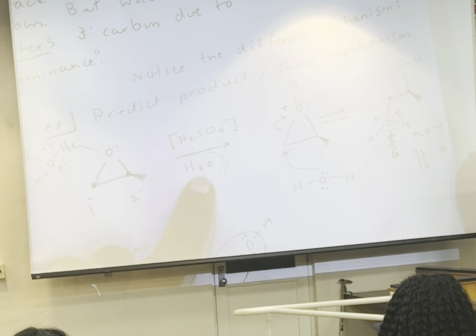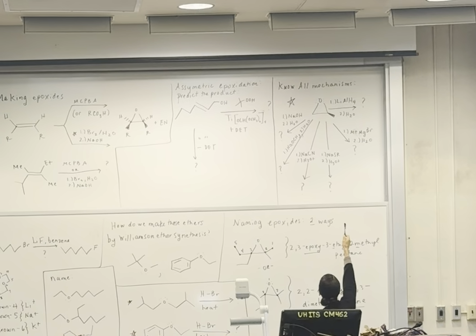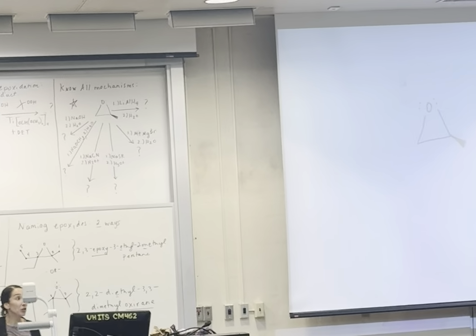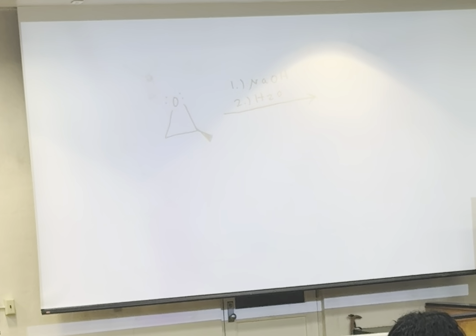That's what acid catalyzed ring opening looks like. If you don't see acid, then you're doing nucleophilic ring opening. So you notice all of those reagents right there, sodium hydroxide, sodium methoxide, sodium cyanide, sodium thiolate, Grignard reagent, lithium aluminum hydride, none of those have acid in them. So that means you're doing nucleophilic ring opening.